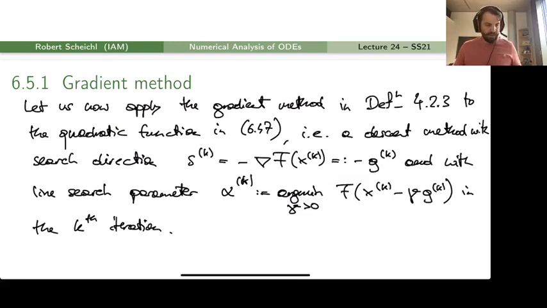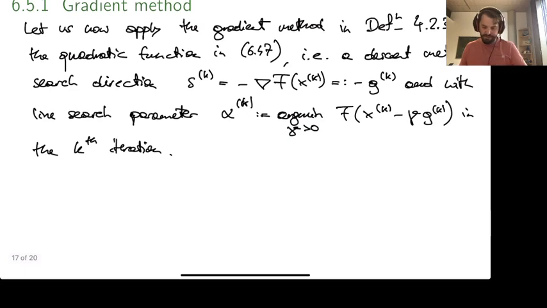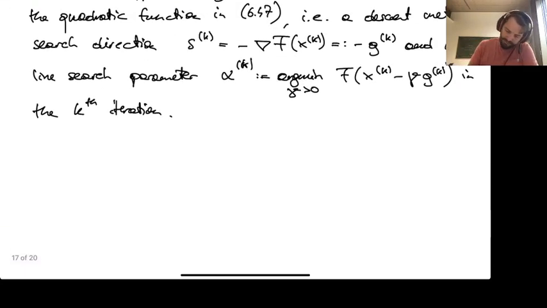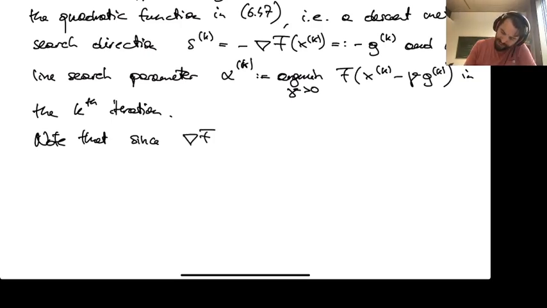Okay, now let's work out what gk and alpha k are, because we can explicitly work them out. So note that since the gradient of f of x, we've just shown in the last proof, is in fact Ax minus b.